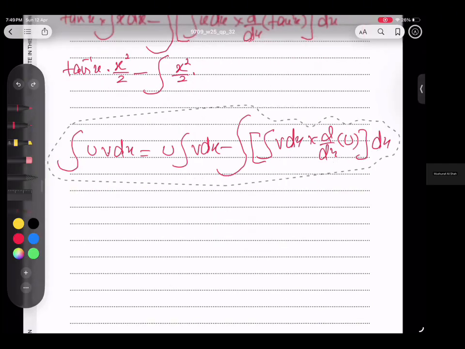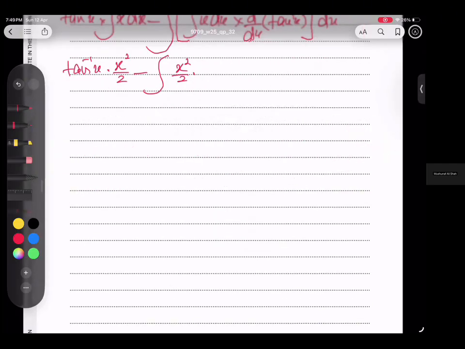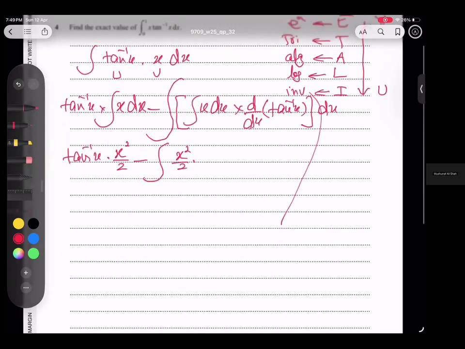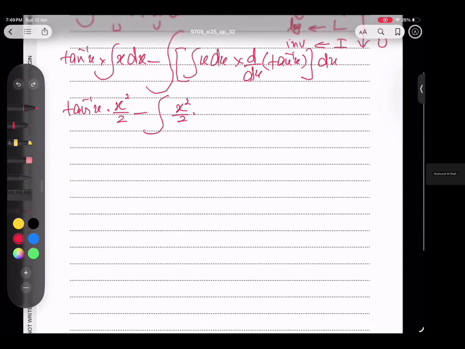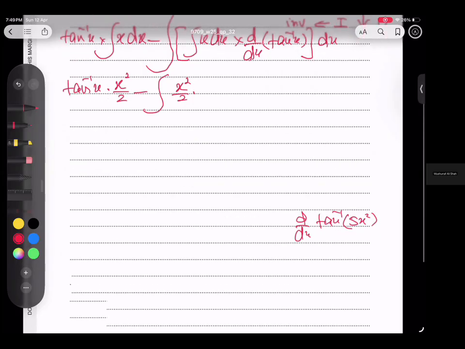So first of all, let me erase the formula. Now I'm going to discuss with you especially the tan inverse derivative, and I'm writing below, get ready. If you are differentiating tan inverse of any value, for example, 5x to power 2, what is the answer?